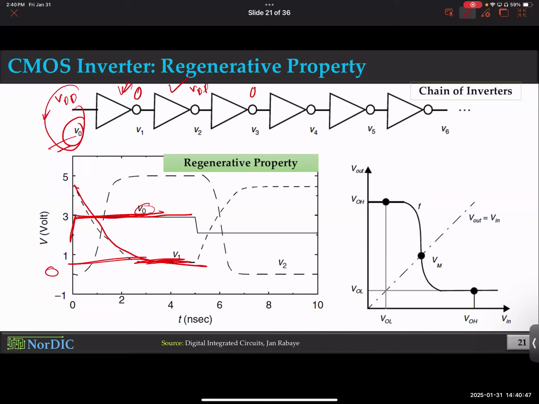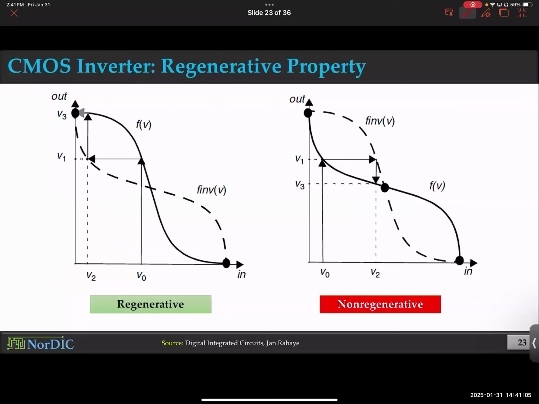The next stage will behave perfectly, and the stage after that will behave perfectly. So even if you have a faulty input at any node, the inverter will recover and regenerate. That's called the regenerative property. I'll explain why that is in the next class, maybe next week. But at least you know that this is what regeneration means.